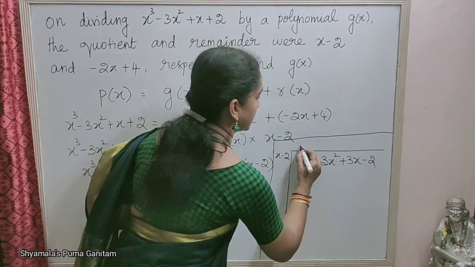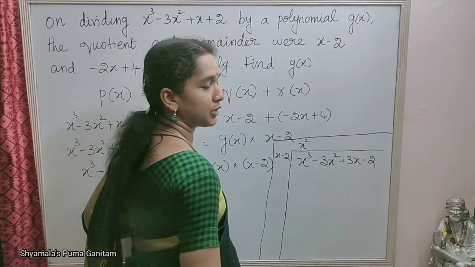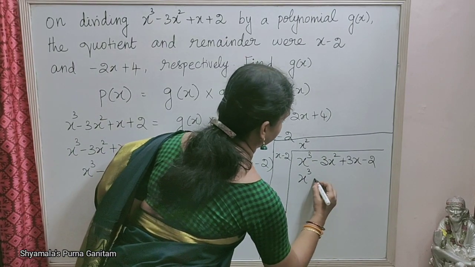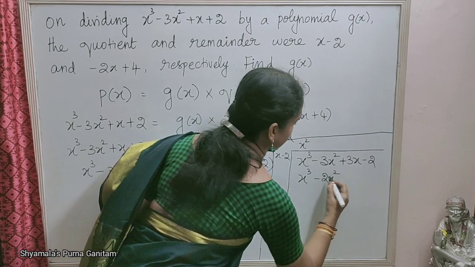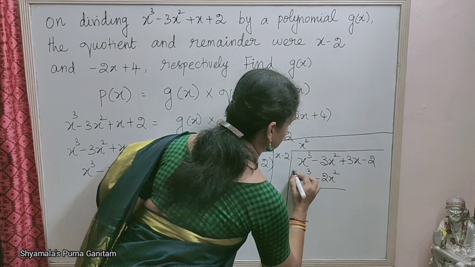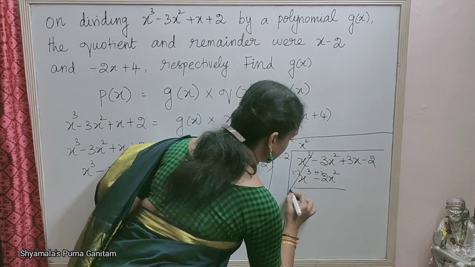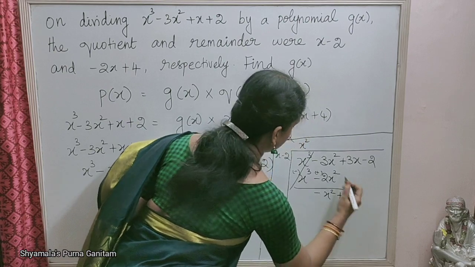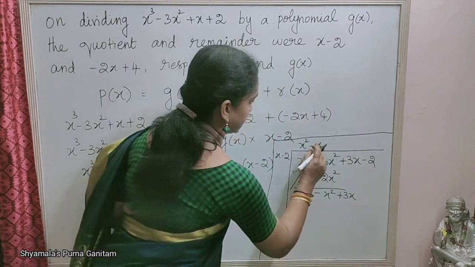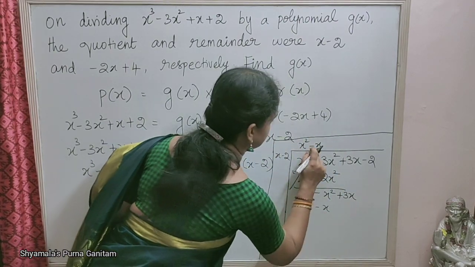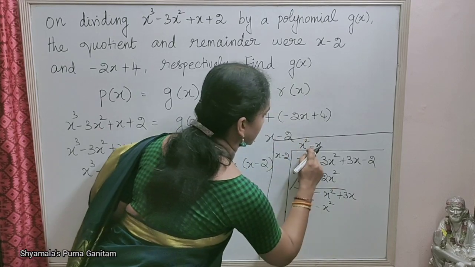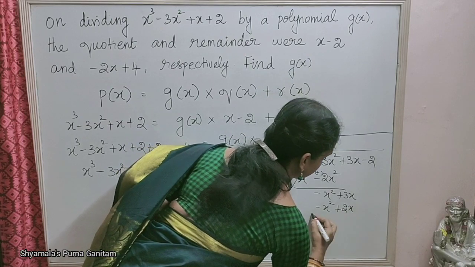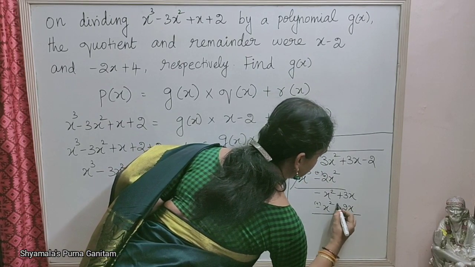First one is x cube. So in the quotient, I have to put x squared. So it will be x cube minus 2x squared. When I simplify this, I will get minus x squared. Now I will bring this 3x down. So it will be minus x. So minus x into x will be minus x squared, minus into minus plus 2 into x is 2x. Now this one will be simplified.